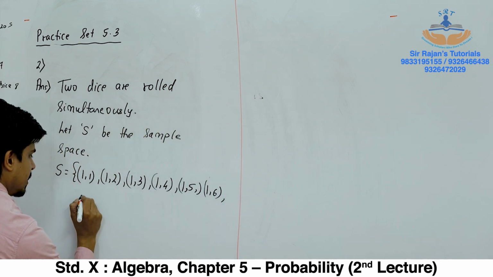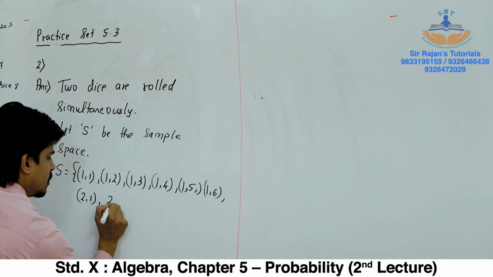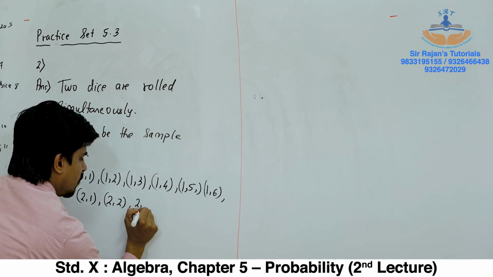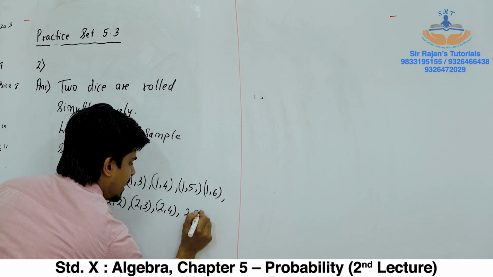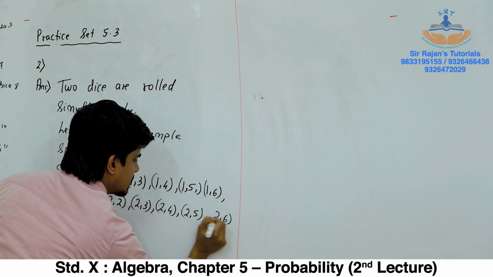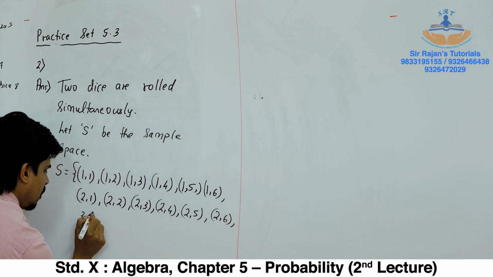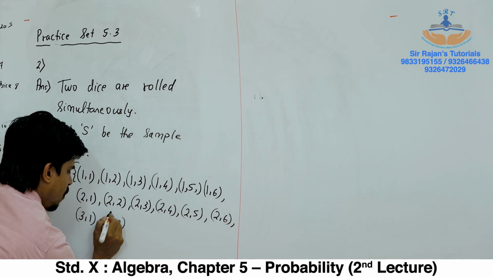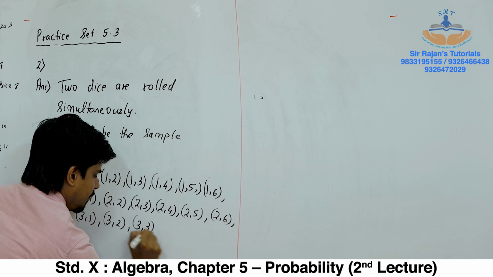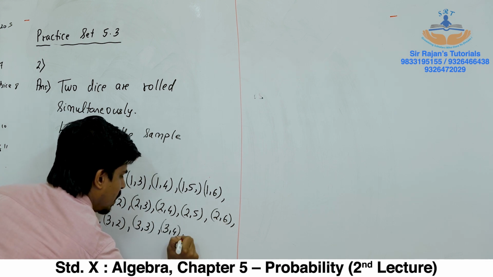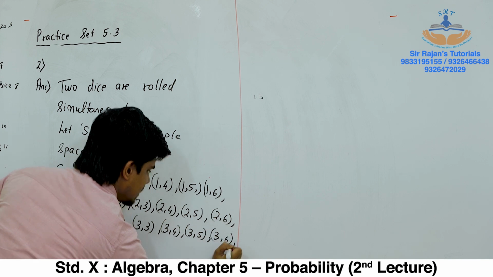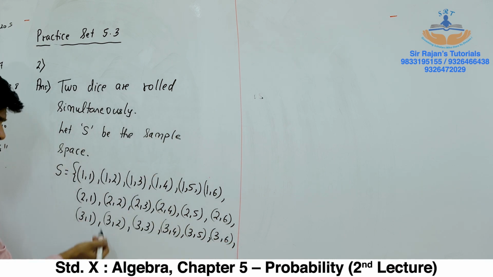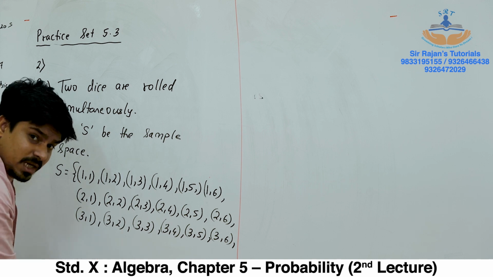Okay, then 2,1, 2,2, 2,3, 2,4, 2,5, 2,6, 3,1, 3,2, 3,3, 3,4, 3,5, 3,6. Like that, you need to write each and every 36 elements.